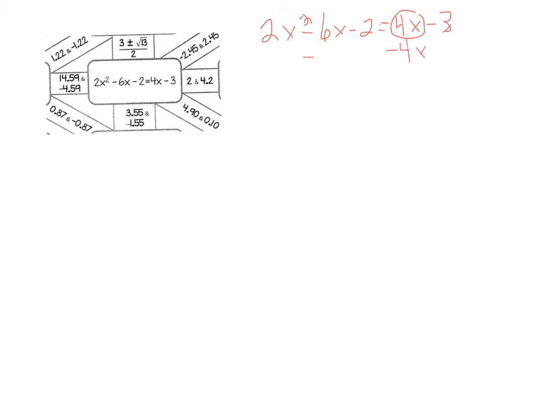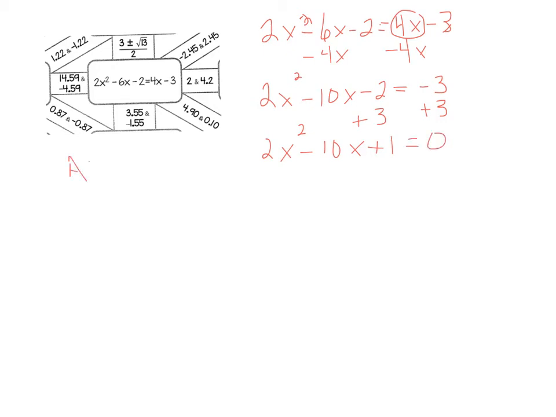I'm going to minus 4x. That gives me 2x squared minus 10x minus 2 equals negative 3. And then I'm going to get rid of this minus 3 by doing the inverse. So I have 2x squared minus 10x plus 1 equals 0. Now I'm in standard form.